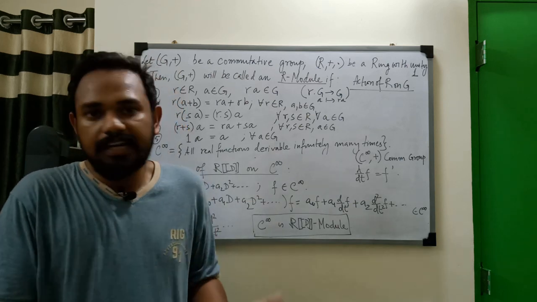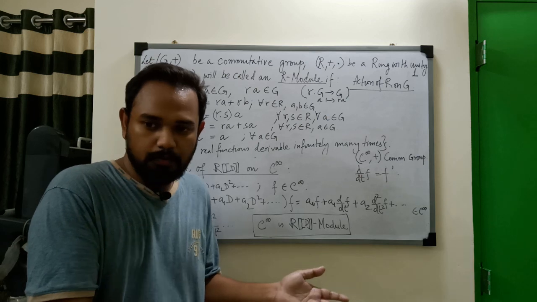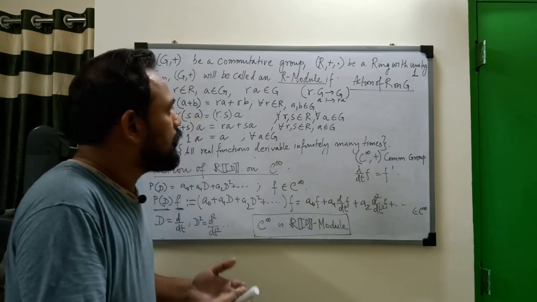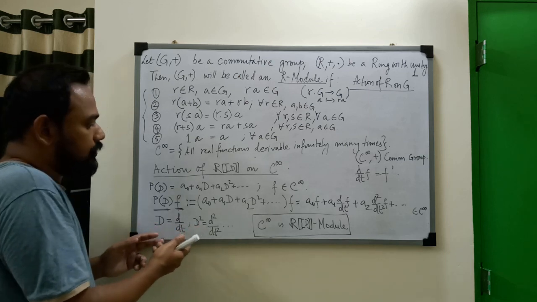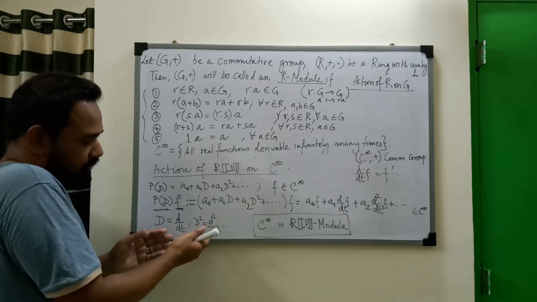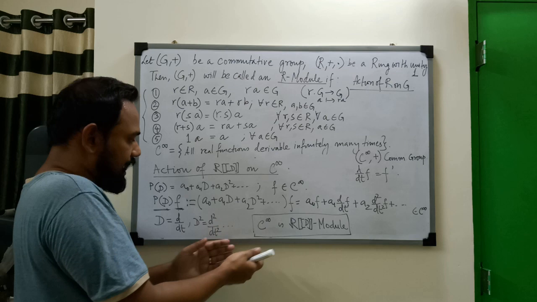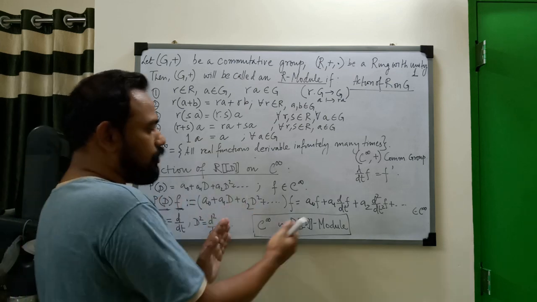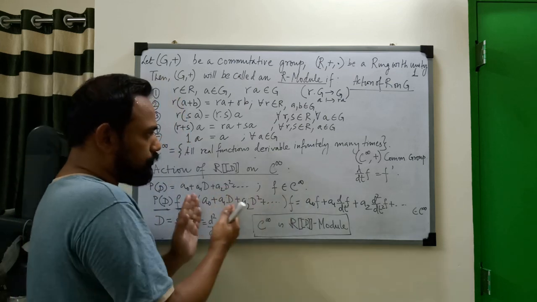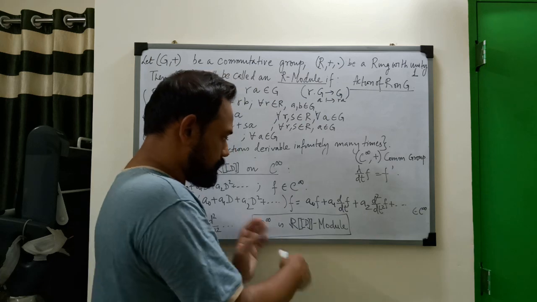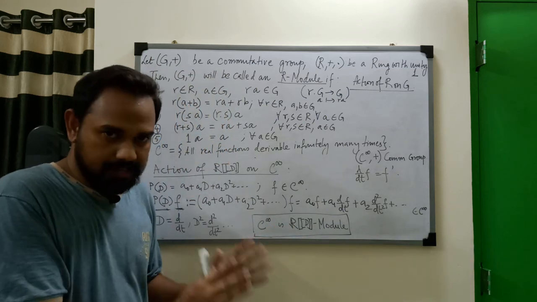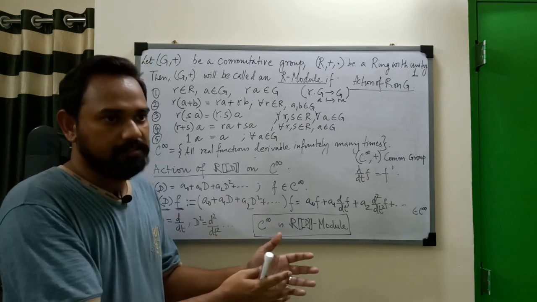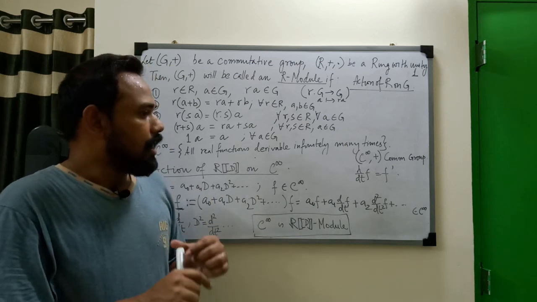As I said, this lecture really is a digression from all that we have been doing. We have only talked about algebra, except towards the end we have defined what would be differentiations and second order differentiations like that, and we've defined them again in terms of ring action on a group, and we have said that this would be a module. So all that we have done in this lecture is just pure algebra.